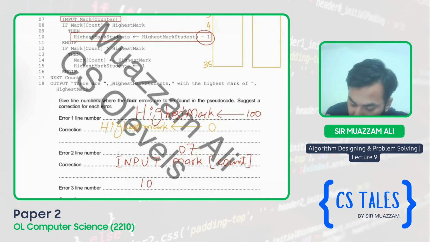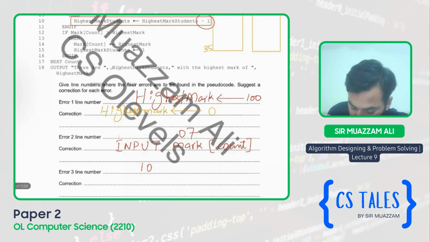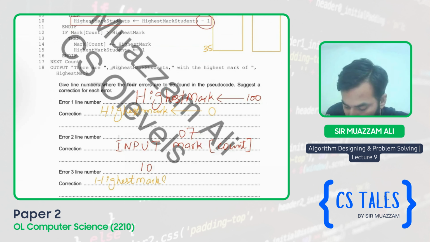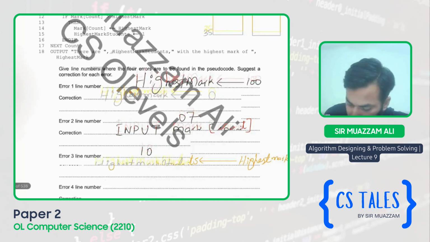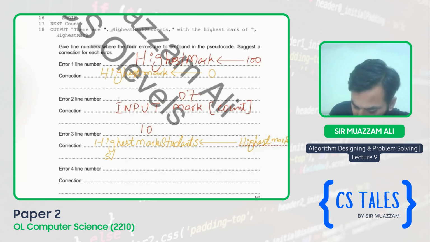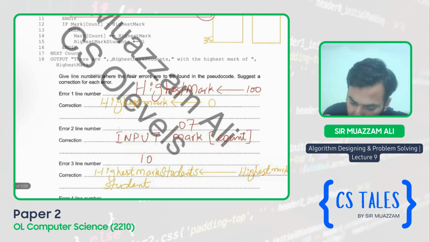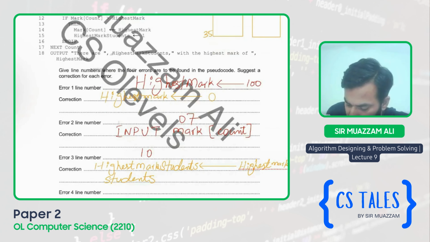The error is that it should be highest mark students equals highest mark students plus 1.